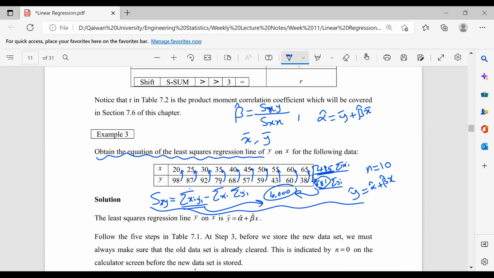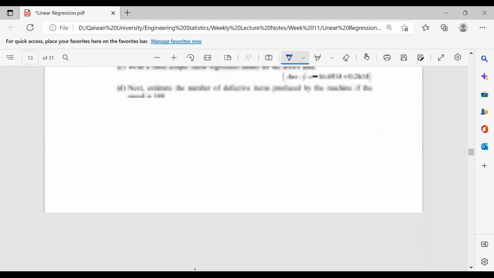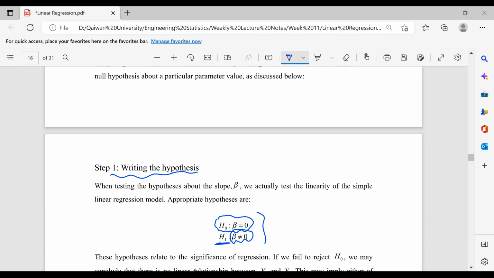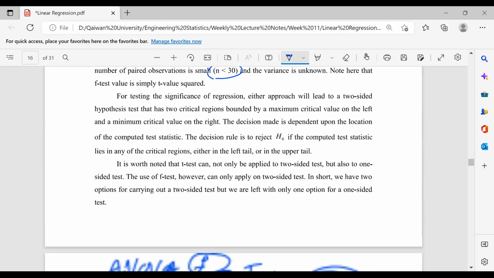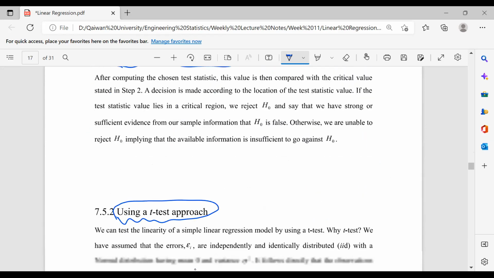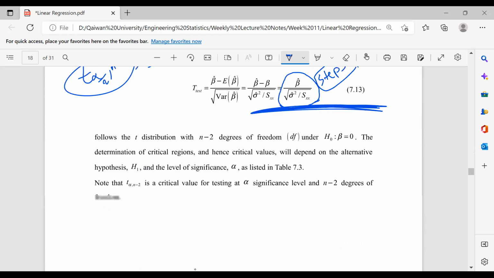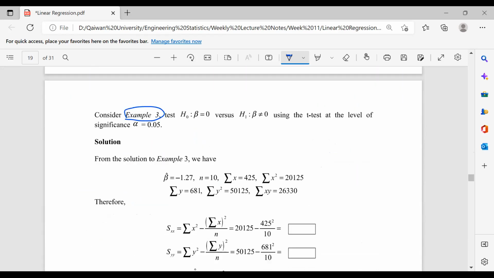We found these all. Here we found beta hat, which is 1.27. N is 10 because we have 10 data for x and for y also.